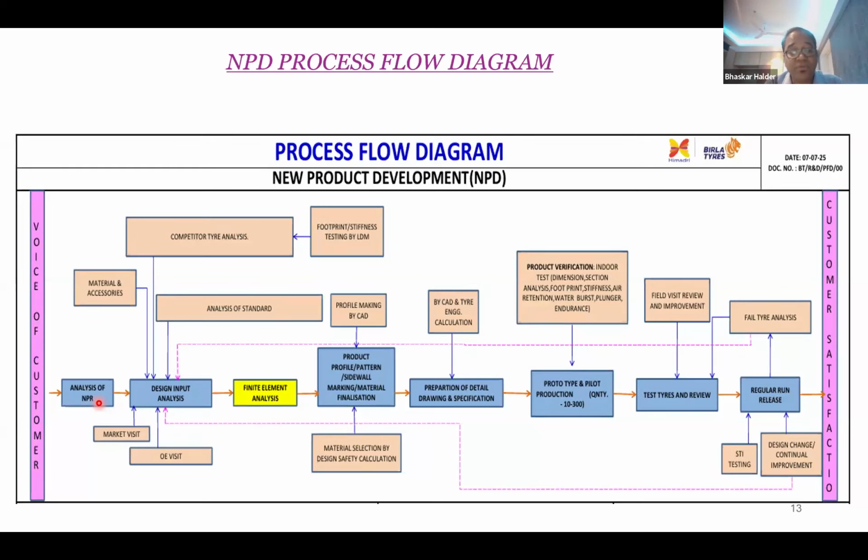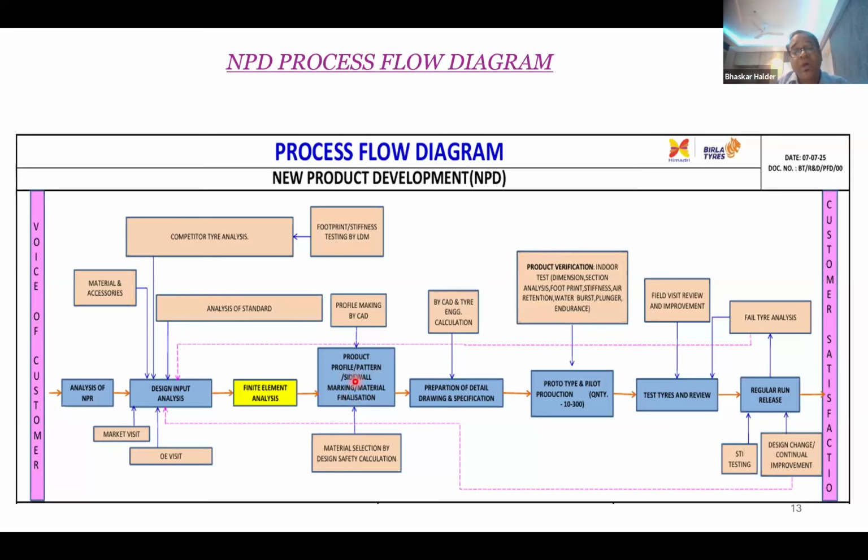We make the product cavity, product layout, and some pattern presentations. We make the pattern and the sidewall, whatever is written on the tires, how it will look. Everything we prepare, and after approval of everything, we go for mold manufacturing, the manufacturing from the drawing.